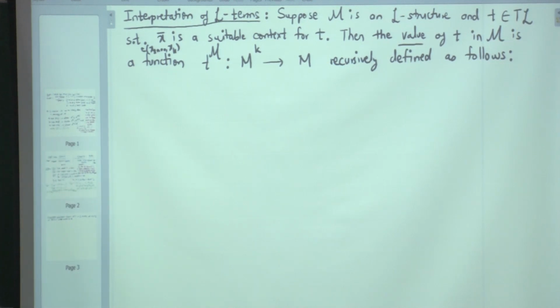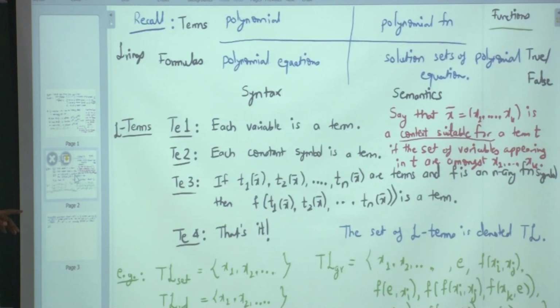Understood? Okay, now let's look at this. This is called V1 because V1 should correspond to the rule that each variable is a term. So how should we interpret that variable?